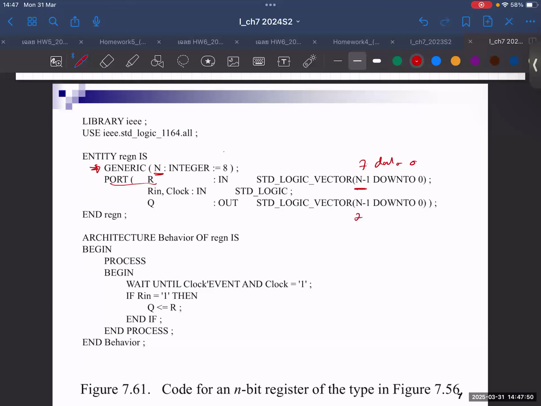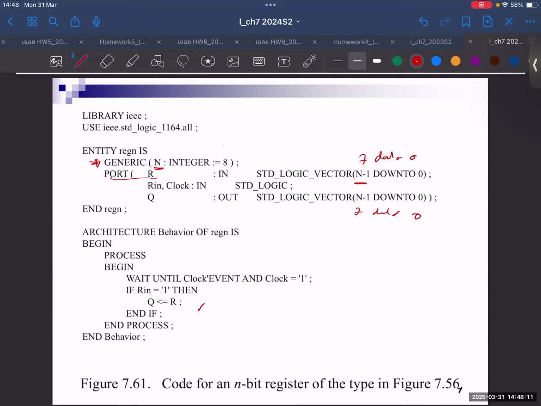So this becomes 7 down to 0 as well. You can see that you can expand the port input and output very easily. Just replace it with the n. So we call it the generic n. It's like a dummy number that you can put, and n can be used anywhere, even in here, right? If you understand what happened, okay.